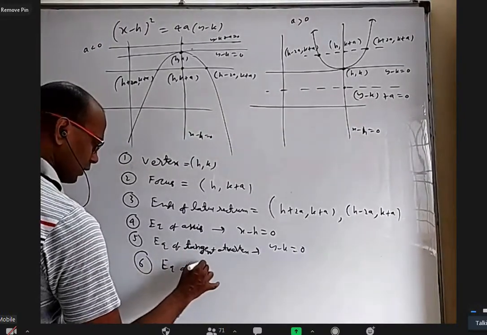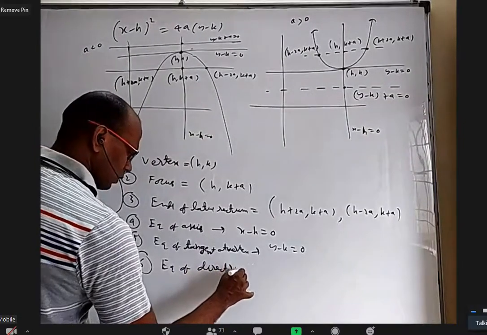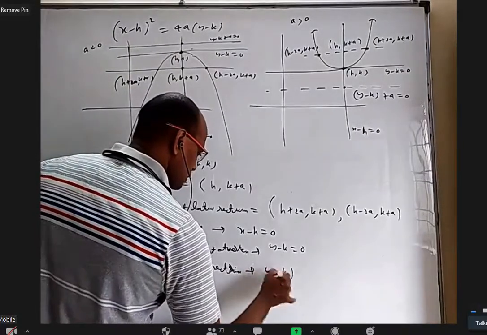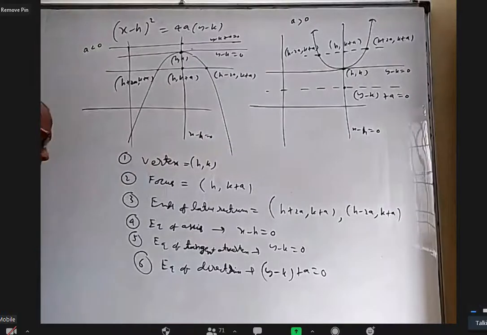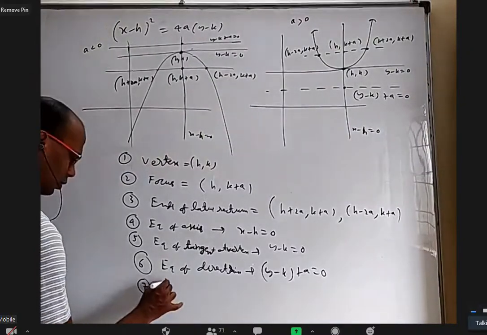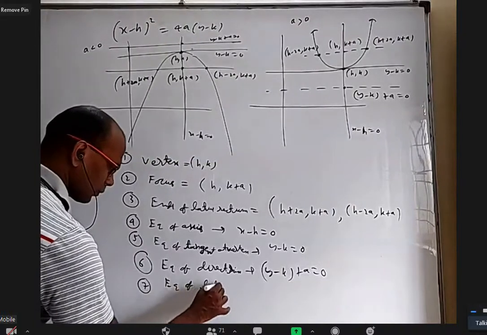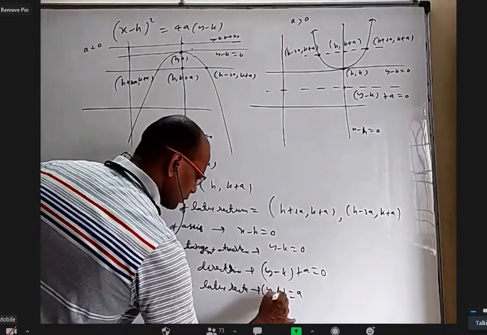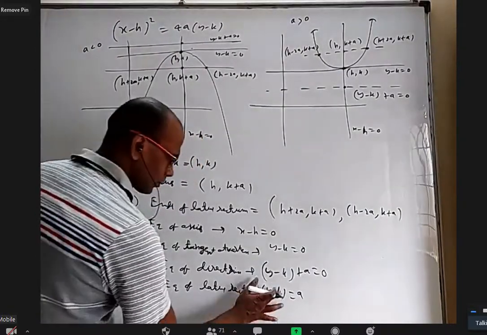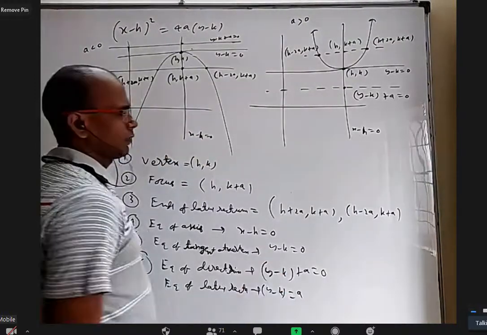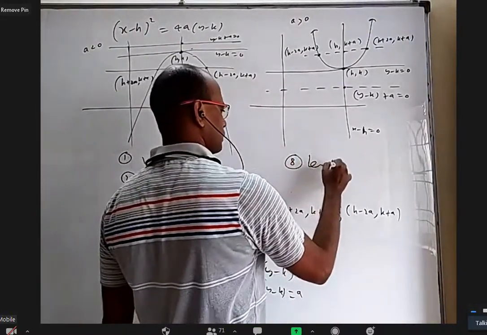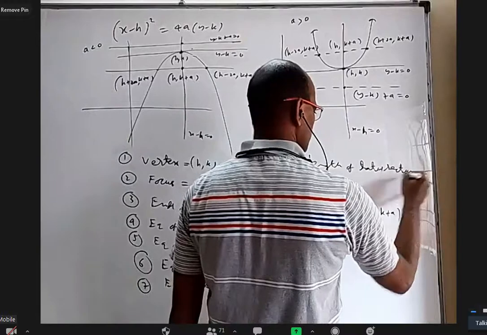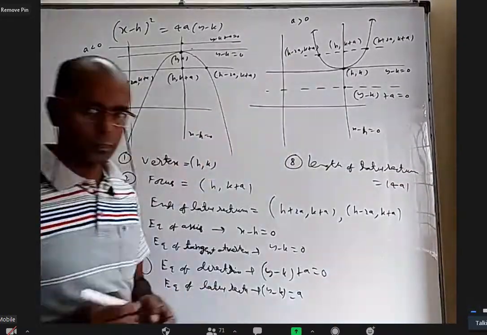Equation of directrix: earlier y plus a equals 0, now y minus k plus a equals 0. Equation of latus rectum: earlier y equals a, now y minus k equals a. Length of latus rectum is the same.